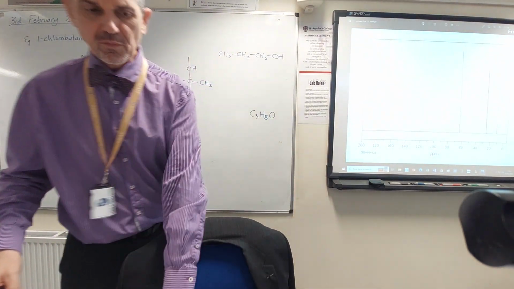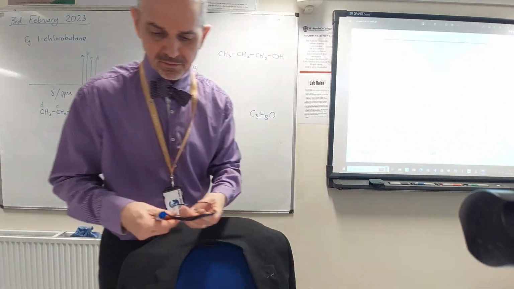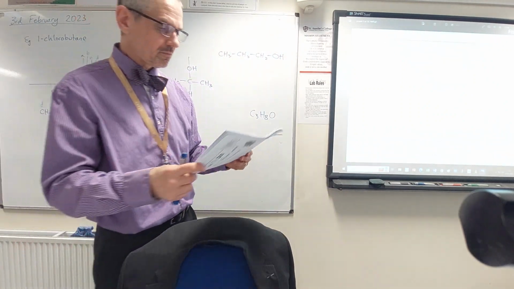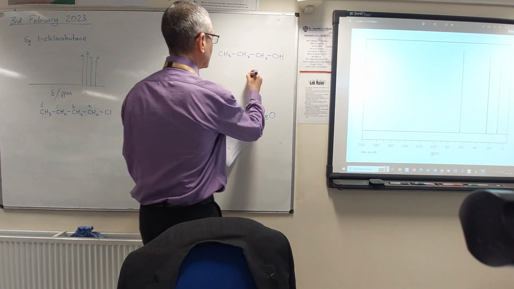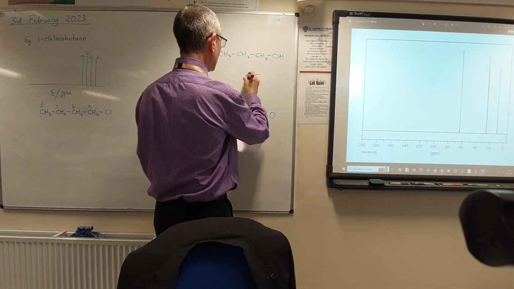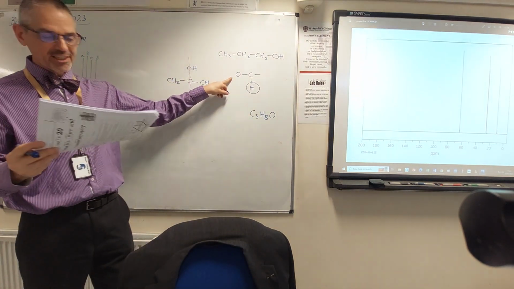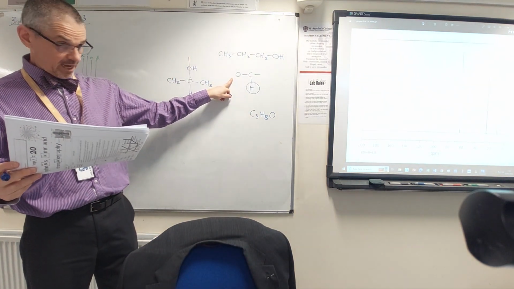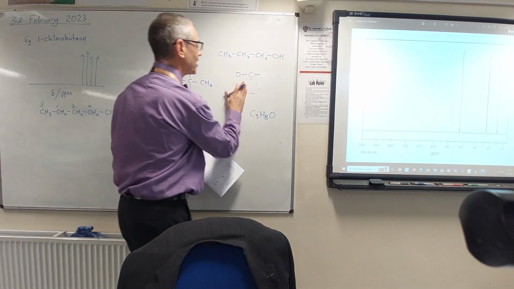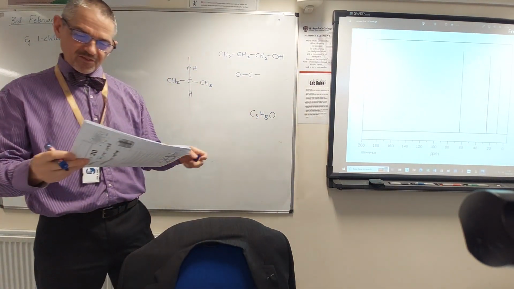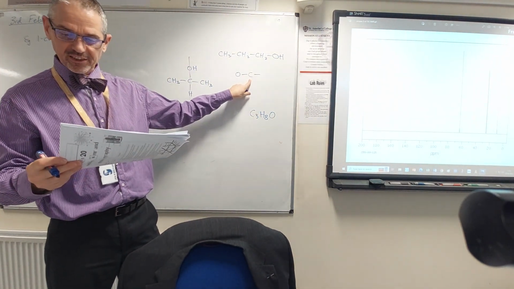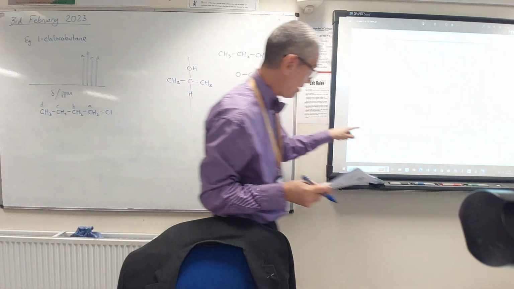Again, using a bit of chemical shift know-how, we can see that a carbon next to an oxygen, sorry, I'm not looking at H's, am I? It's a carbon spectrum. That carbon next to an oxygen is 50 to 90.